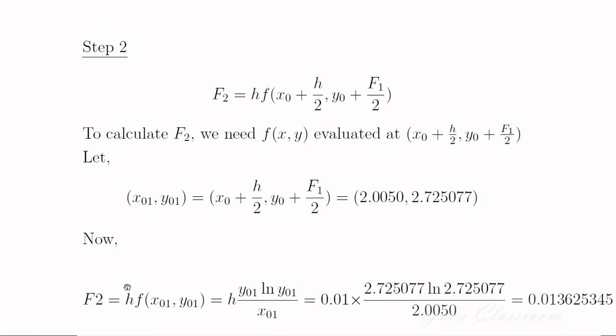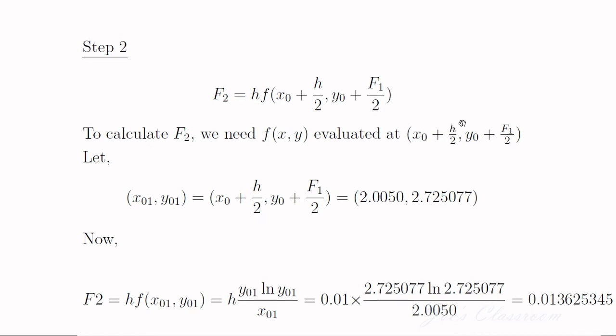The formula to calculate f2 is h into f of x naught plus h by 2 comma y naught plus f1 by 2. So the function f has to be calculated at some other point. The points are x naught plus h by 2 and y naught plus f1 by 2. Therefore, to calculate f2, we need f of x comma y evaluated at this coordinate.